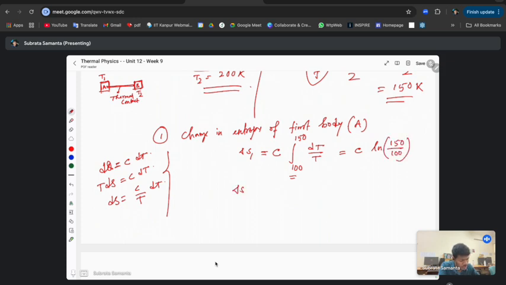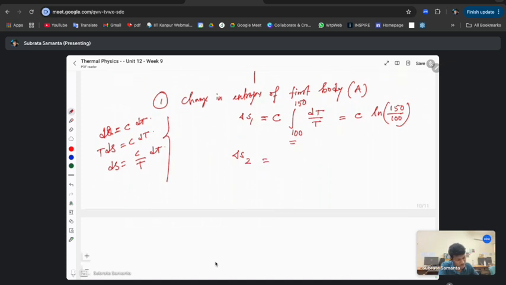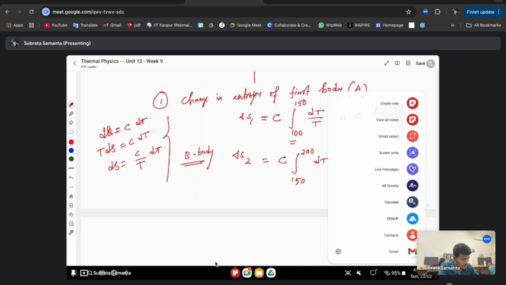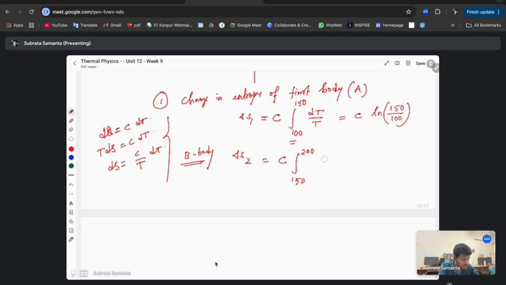And the change in entropy for the second body, let's say B body, is C times the integral of dT over T from 150 to 200, which is C times ln 200 over 150.